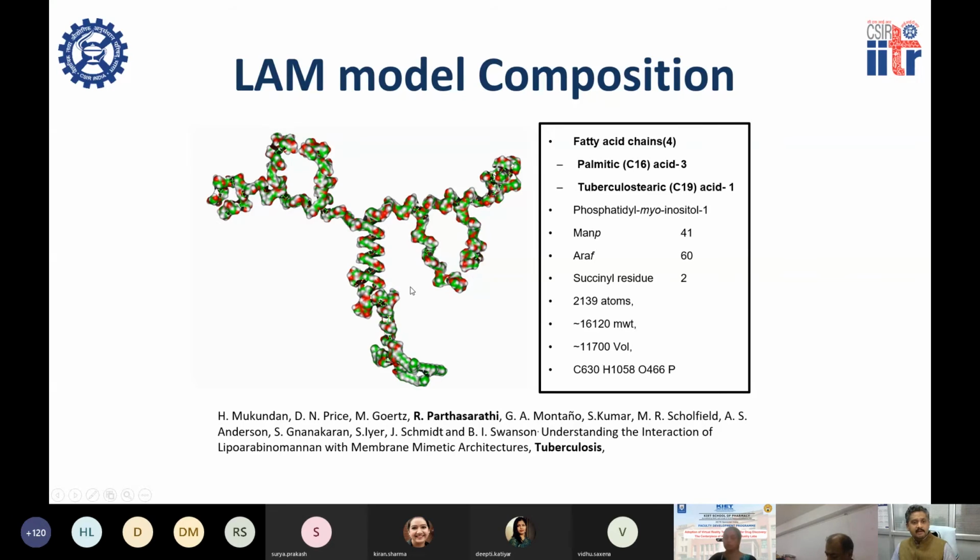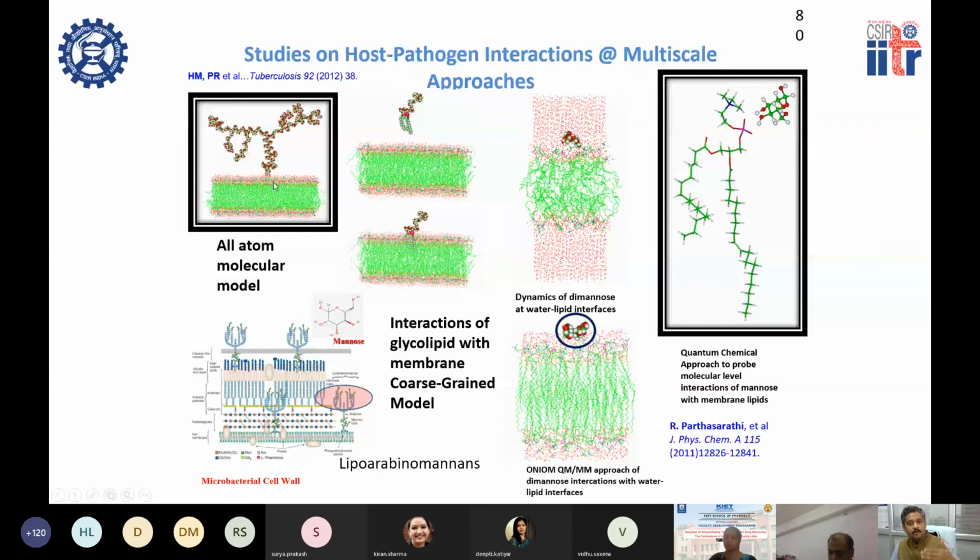We started studying its interaction with the membrane lipids, how it orients and how it penetrates inside the cell wall, and what forces are responsible, like hydrogen bonding or non-bonding interactions, in the penetration of this particular virulence factor.